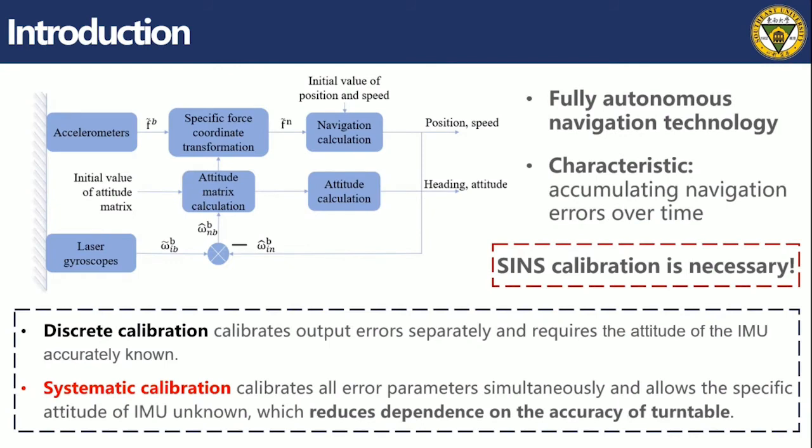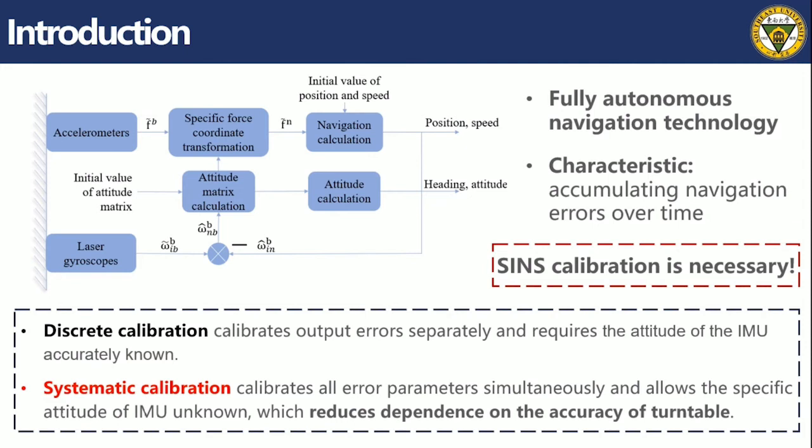The first part is the introduction. This picture is a SINS navigation schematic. The SINS uses 3 laser gyroscopes and 3 accelerometers to measure the angular velocity and specific force respectively. Then, based on the dead reckoning principle, SINS calculates the heading, attitude, velocity, and position information continuously.